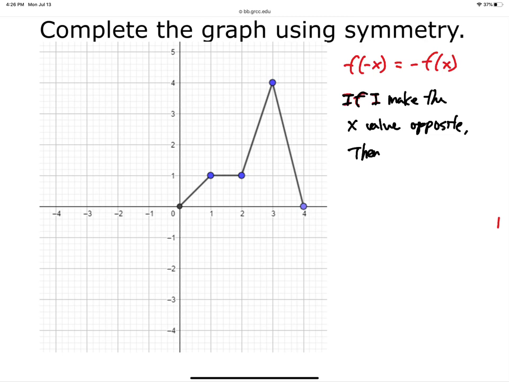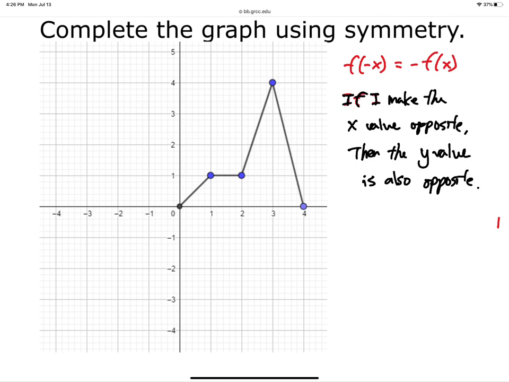This time we have a negative sign in front of the f of x. So it's not just the x value that is opposite, the y value is also opposite. Okay, so the x and y values both have to change.